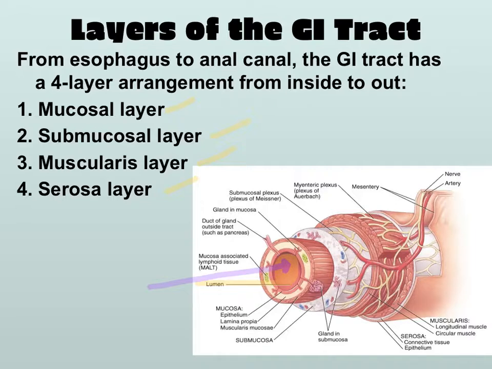That's where the food is passing through. And when we're talking about this layering system, we're talking about going from this inside layer out. Okay, so that's what we mean with that 4-layer arrangement there.